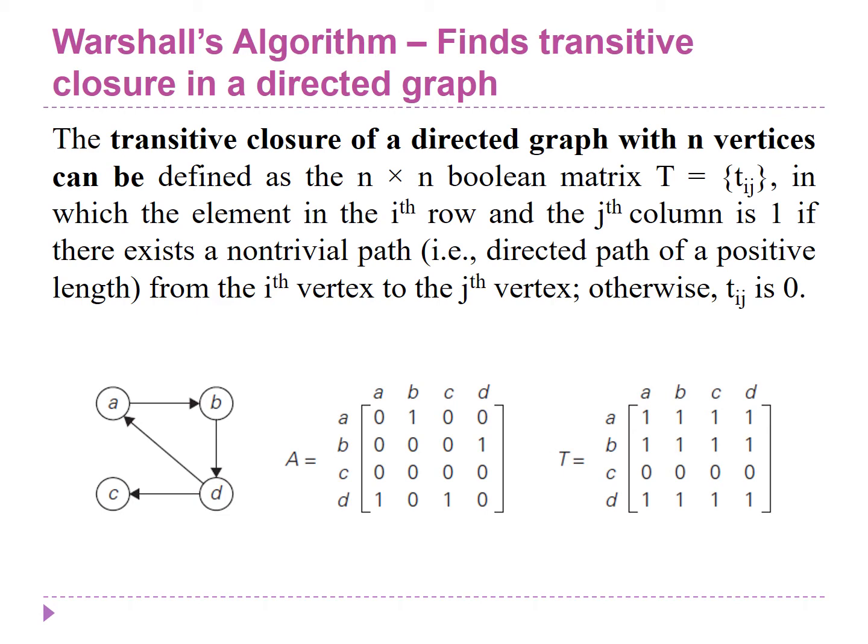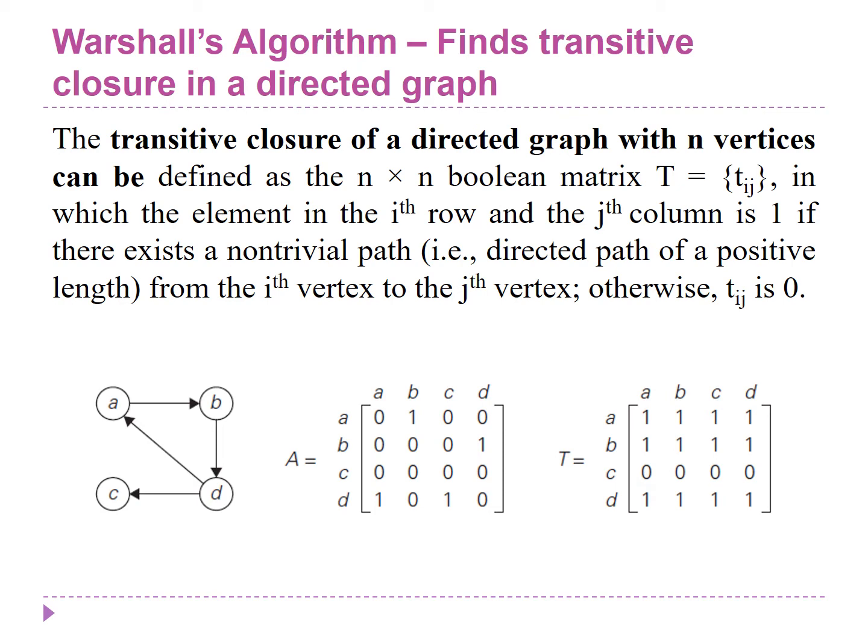The matrix A represents the adjacency matrix, which has a value of 1 when there is a directed edge between the vertices. For example, there is a directed edge between vertex A and vertex B. Hence, the value is 1 in the corresponding position of the Ath row and Bth column.